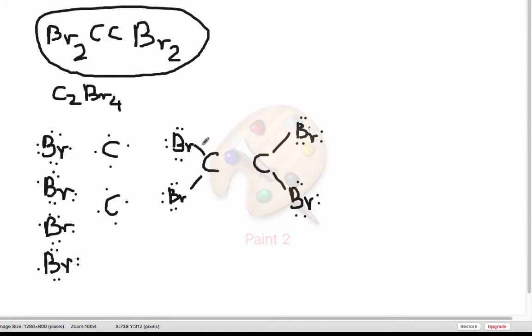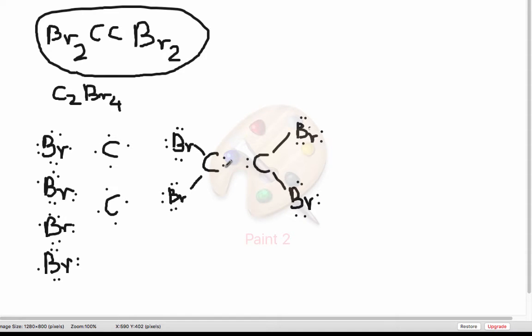So now let's count the number of electrons in the carbons. 1, 2, 3, 4. Now remember, 2 of those 4 are from the carbon, so it still has 2 extra electrons left. This one does as well. We know that the bromines have their filled outer shell because they've got 2 electrons in this single bond, and then they've got their 6 non-bonding electrons as well for each bromine.